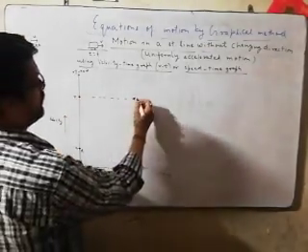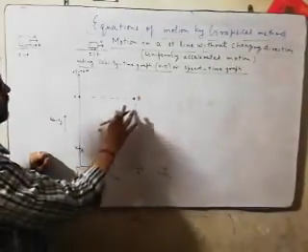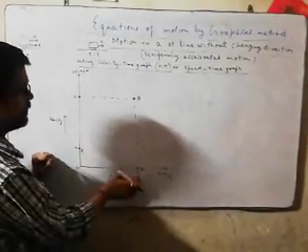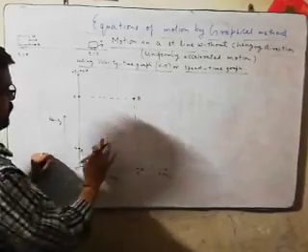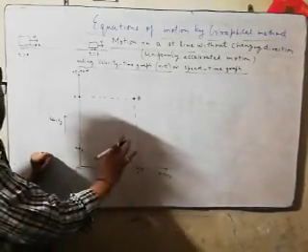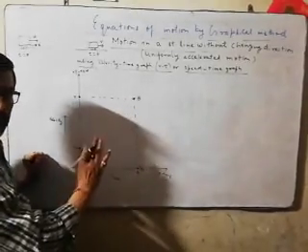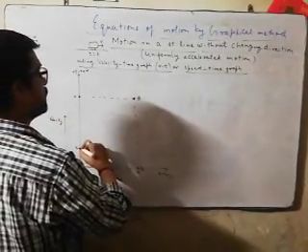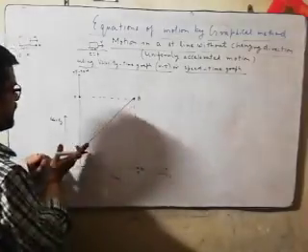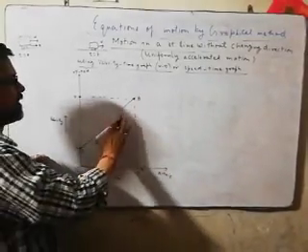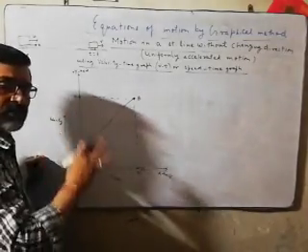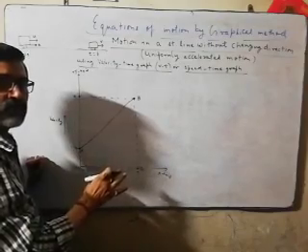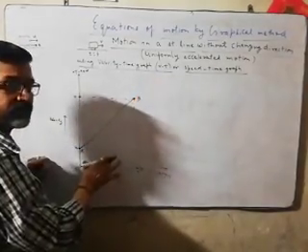So this point B represents that at time t, velocity v. So we are getting these two points, sufficient to draw a velocity time graph, and we are joining AB. AB is the velocity time graph or speed time graph.